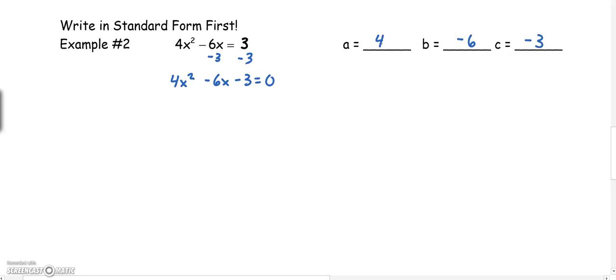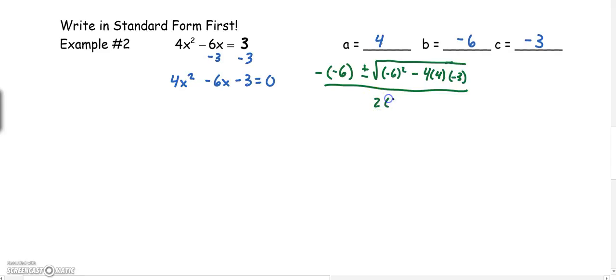So to do the quadratic formula, we have negative b. So we're going to do negative negative 6 plus or minus the square root of b squared, so negative 6 squared, minus 4ac, so 4 times 4 times negative 3, all over 2a, so 2 times 4. Then I'm going to simplify it.